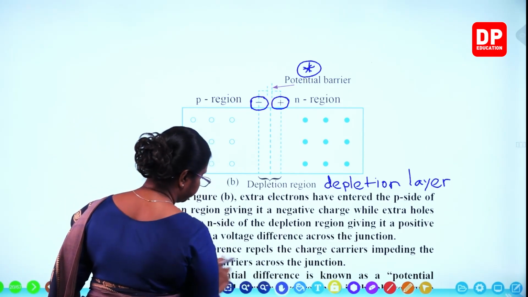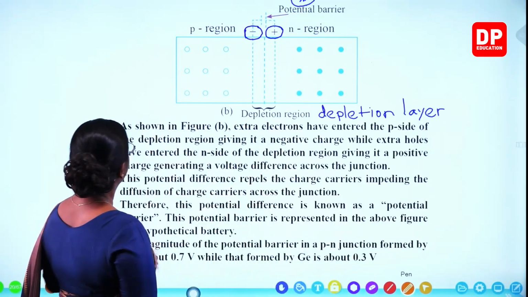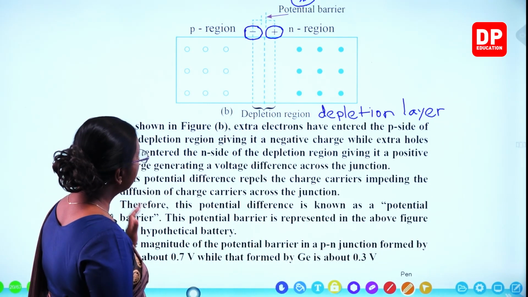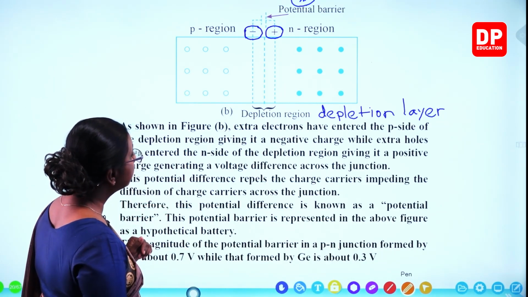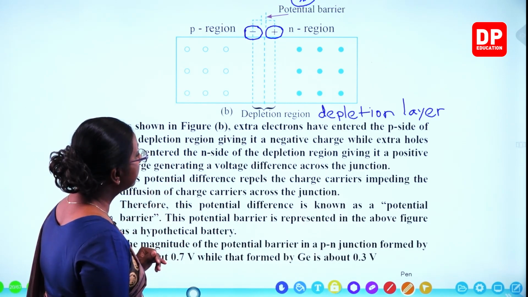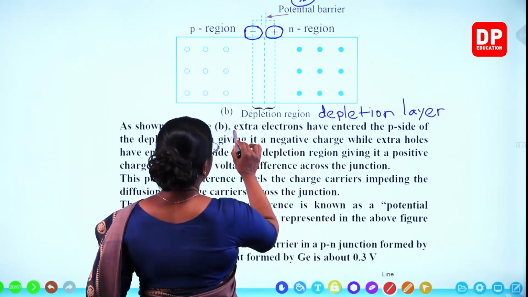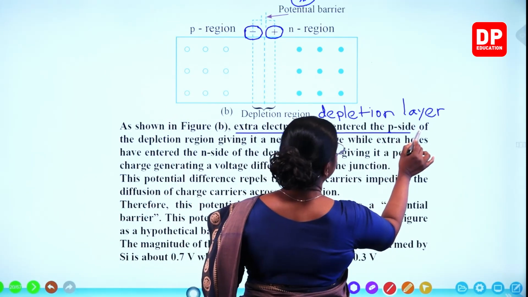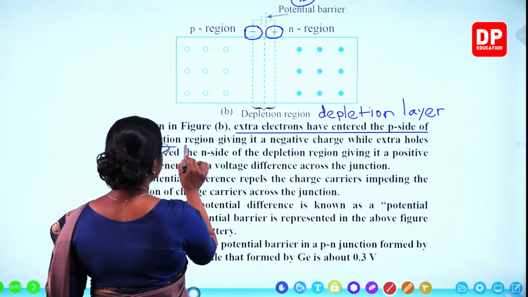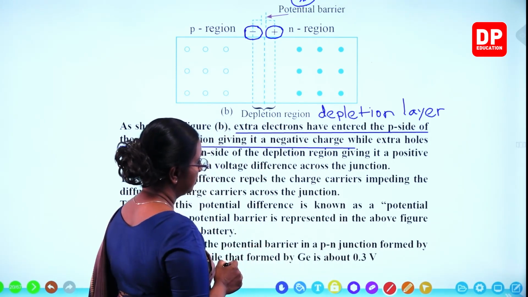So then, as shown in figure B, extra electrons have entered the P side of the depletion region, giving it a negative charge. So here you have to remember that. Extra electrons have entered the P side of the depletion region, giving it a negative charge.